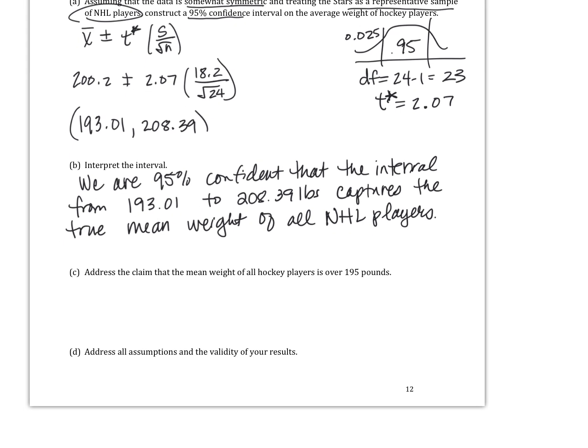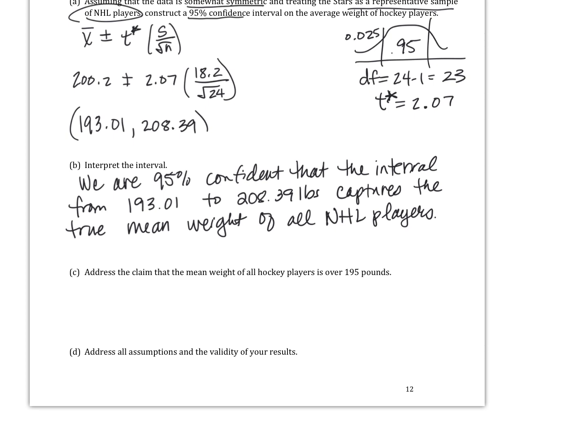All right, C says, address the claim that the mean weight of all hockey players is over 195 pounds. Does our interval support this claim? Or no? Why not? Which means what? You're right. I just want you to put the words to it. Your thinking is correct.